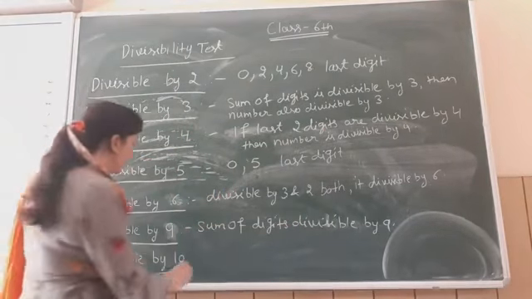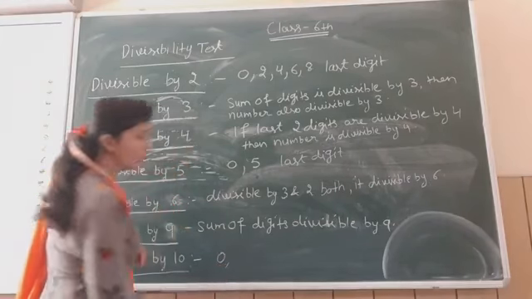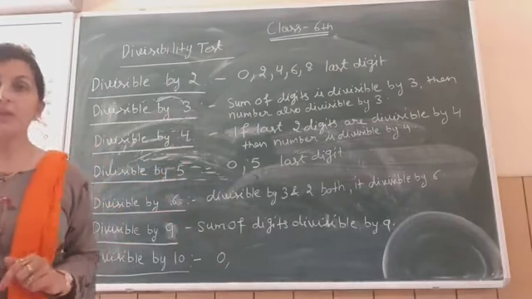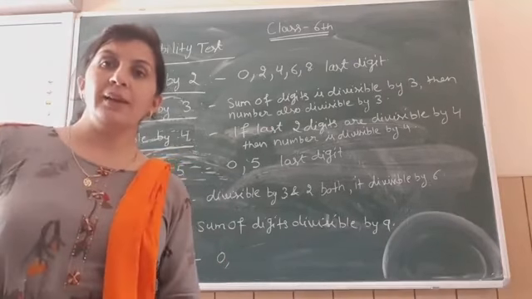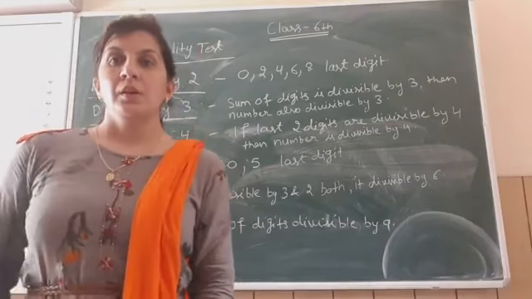And what about divisibility by 10? If there is 0 at the end, then the number is divisible by 10. Is it correct? Yes.